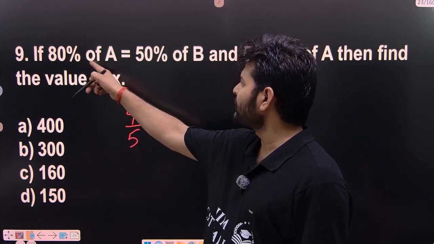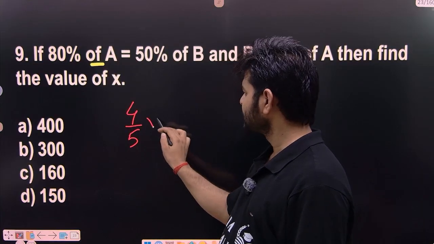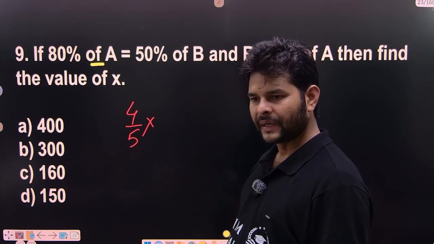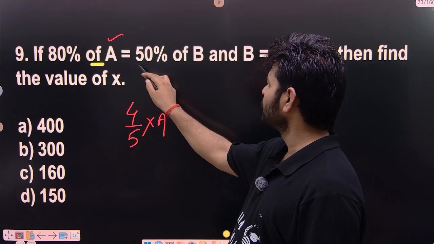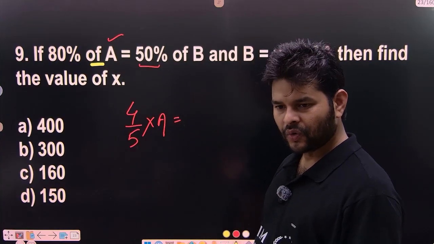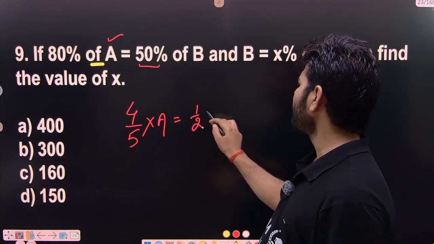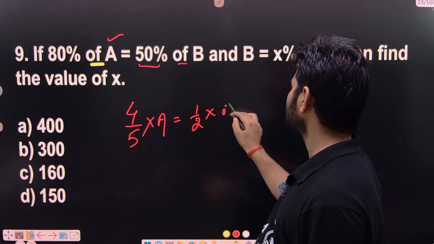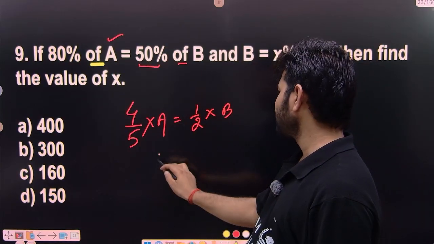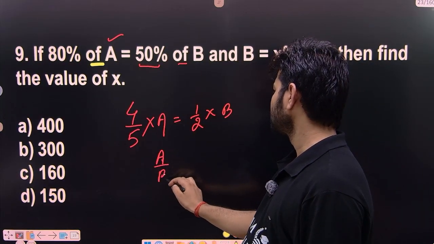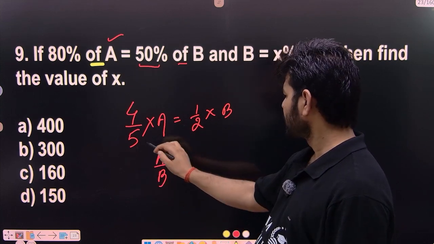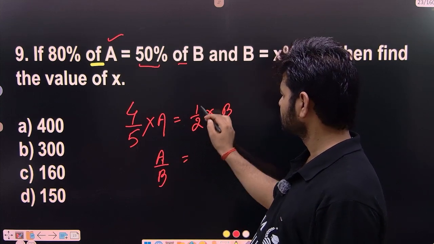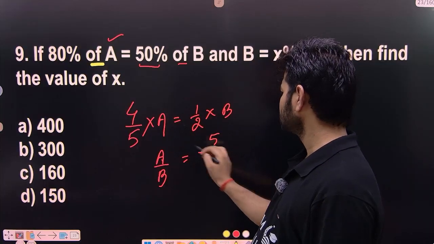So 4 upon 5 of A is equal to 50%, which means 1 upon 2 of B. So from where you will get the ratio between A and B? The B will come into the denominator, and that is 5 upon 8.